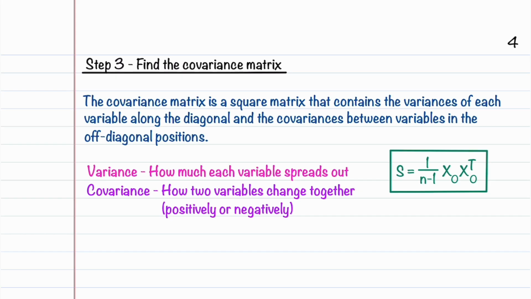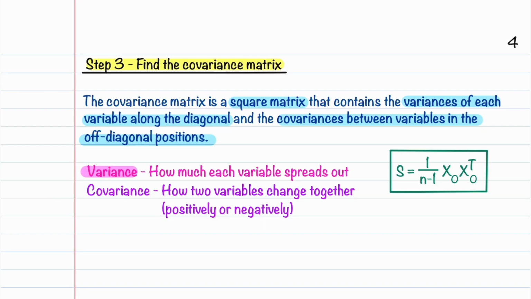Now we can move on to step 3. Step 3 is to find the covariance matrix. The covariance matrix is a square matrix, and it contains the variances of each variable along the diagonal and the covariances between the variables in the off-diagonal positions.